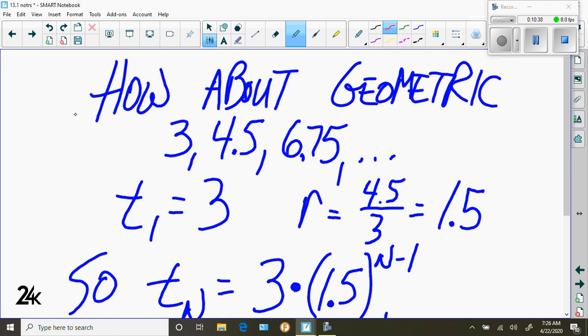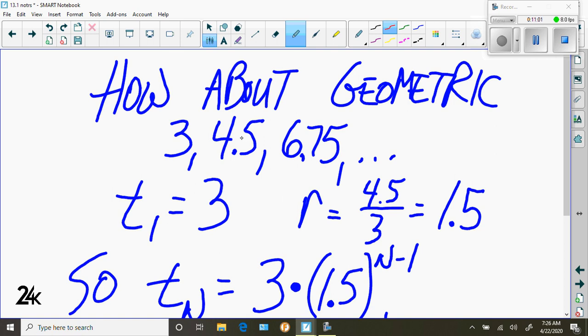Okay, let's do geometric, but this time let's not graph it. Let's just solve it. How about a geometric sequence where it goes 3, 4.5, and 6.75, and you're like, whoa, those are decimals. That's scary. Not really. The first term is 3, obviously. And then you're like, how do I find the ratio?